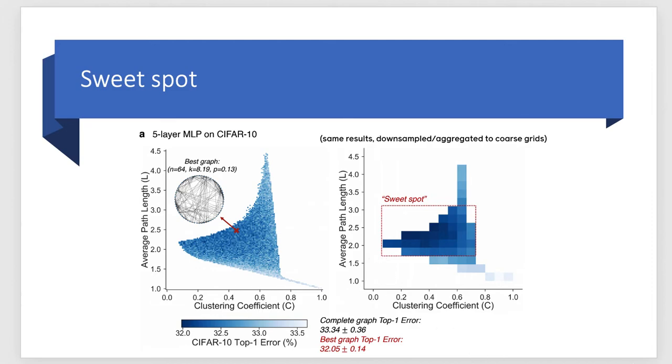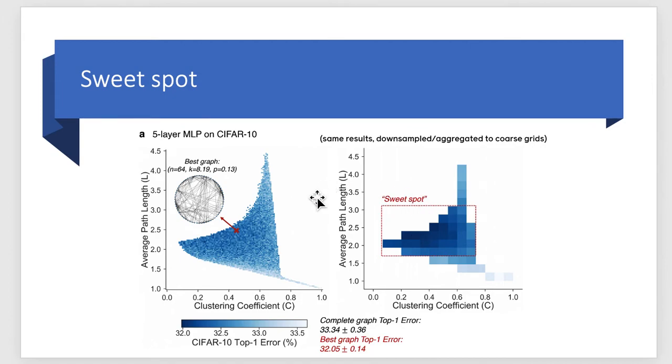There's another very important concept in the paper, which is the sweet spot. By downsampling the graph into a coarse graph, we can find the sweet spot, which is where the best performing models are.